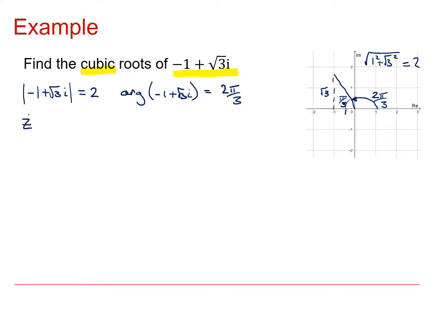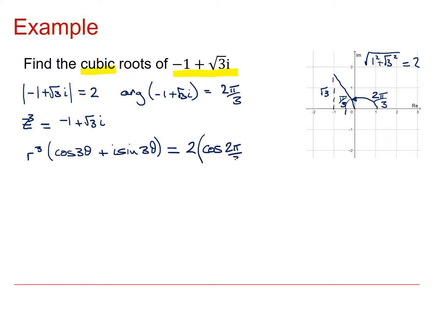So I'm trying to solve z cubed is equal to minus 1 plus root 3i. If I think of z as being r(cos theta plus i sin theta), I'm going to get r cubed (cos 3 theta plus i sin 3 theta) is equal to 2(cos 2 pi by 3 plus i sin 2 pi by 3).